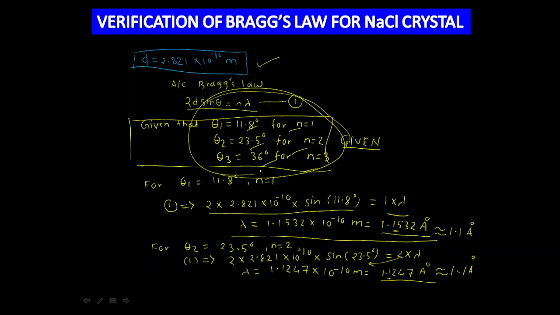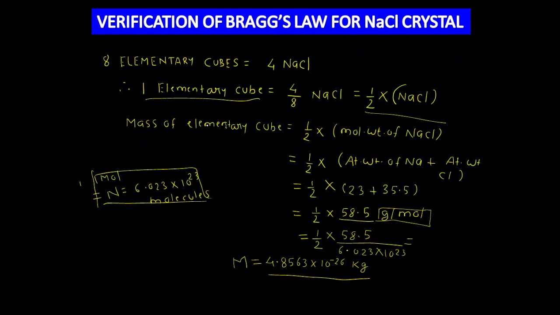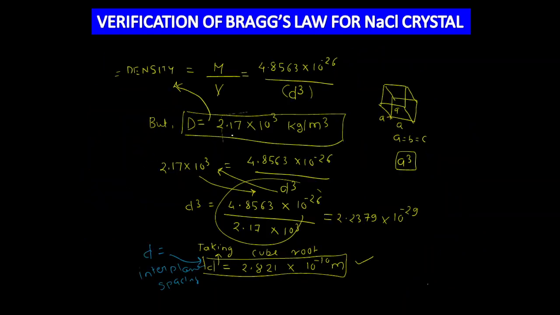So I am again revising this. First we considered the elementary cube and calculated the mass of the elementary cube. Then, using the standard density value, we calculated the side of the elementary cube, that is nothing but interplanar spacing.